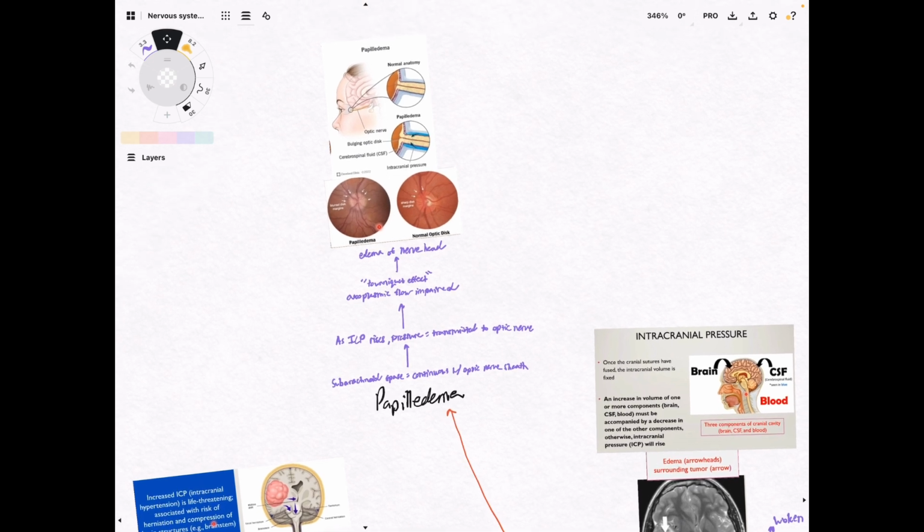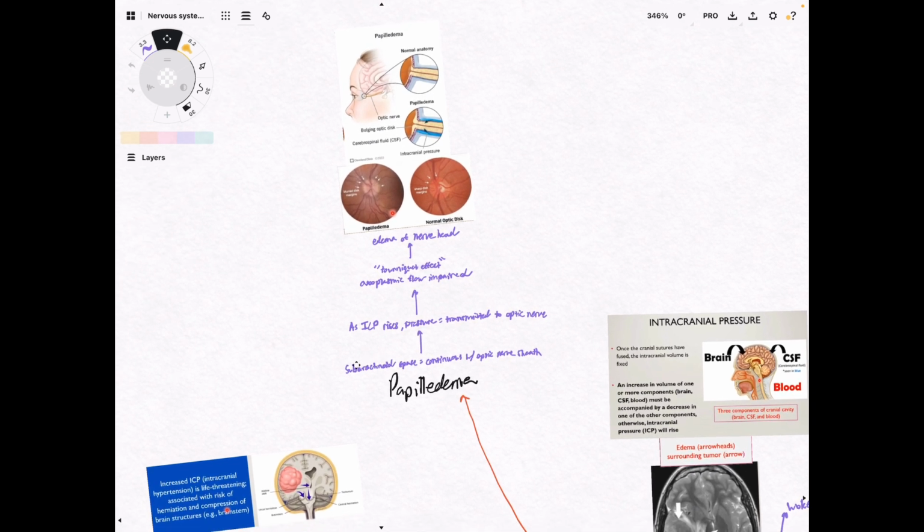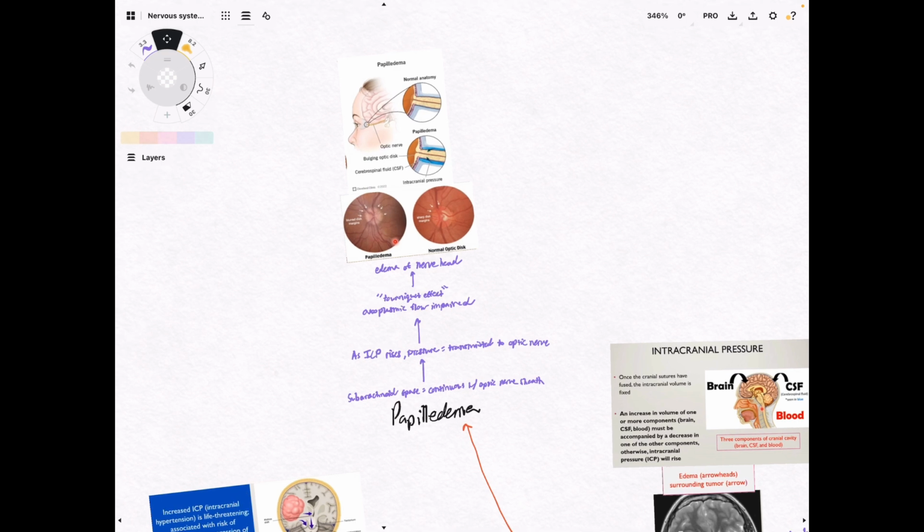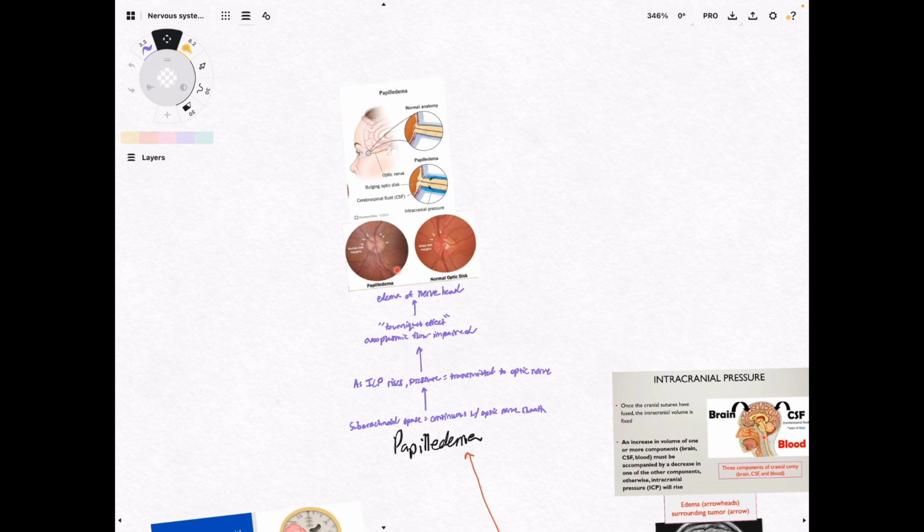So the CSF system is still around this nerve, the optic nerve that is. As intracranial pressure rises, you can imagine that compresses the optic nerve, creating something called a tourniquet effect, leading to axoplasmic flow being impaired.